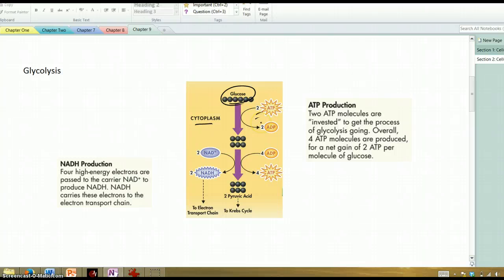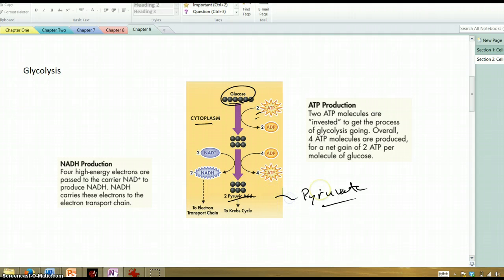Now, what happens here is we break it down into two intermediate 3-carbon molecules. So the 6 carbons that were in a single glucose are now in 2 3-carbon molecules. And then we convert those molecules to this stuff called pyruvic acid, or for short, pyruvate.